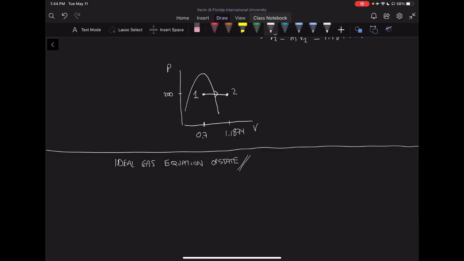And the reason we're talking about the ideal gas equation of state is that so far, we have found pressure, specific volume, and temperature using tables for R134A and for water.